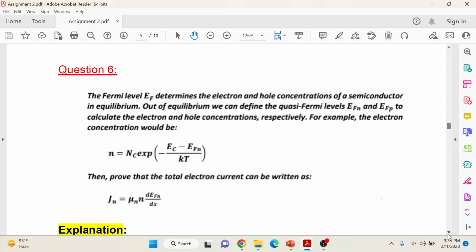For example, the electron concentration would be n equals Nc exponential of minus (Ec minus EFn) over kT. Then we have to prove that the total electron current can be written as Jn equals mu n n dEFn over dx. Okay, without delaying further, let's go to the solution.